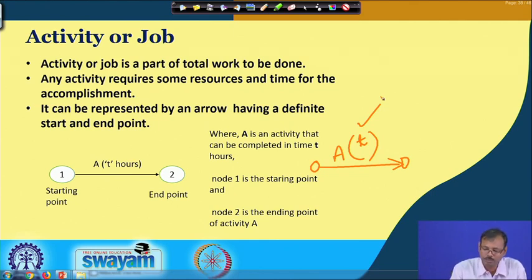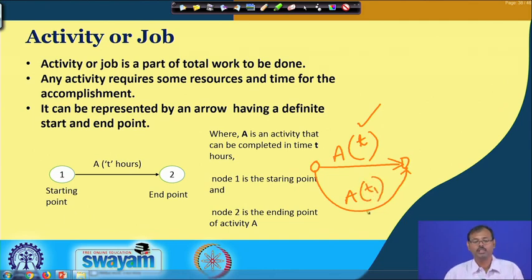The same activity may be carried out using different machinery, that is also activity A, but the duration is T1. So activities, jobs or unit operations are expressed in terms of an arrow which must have a starting point and an ending point.